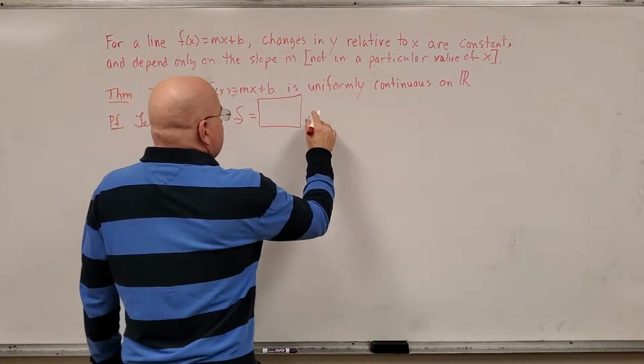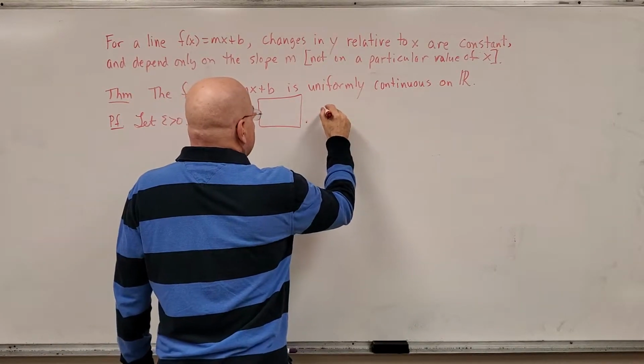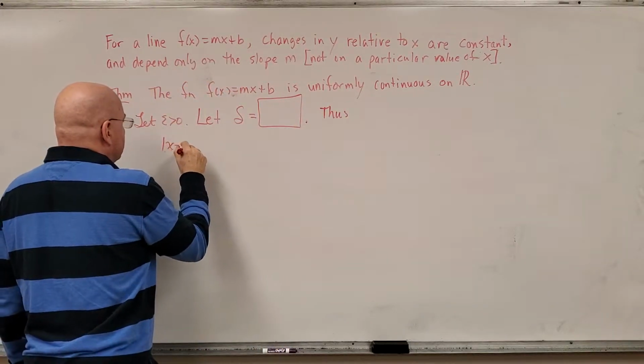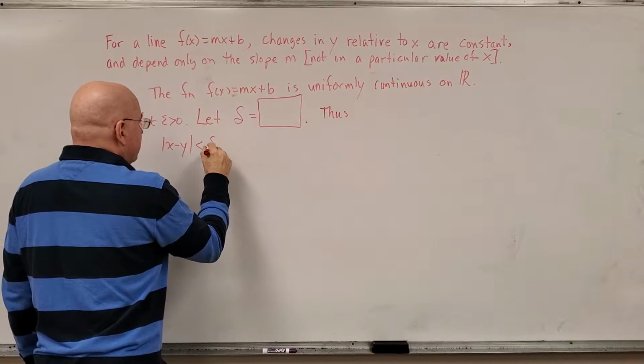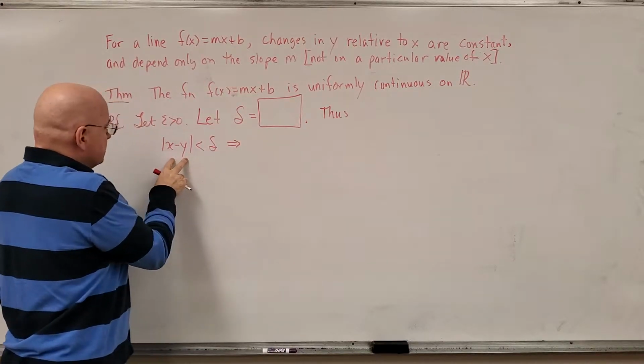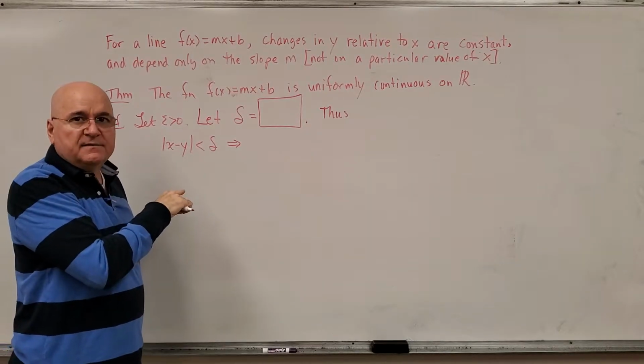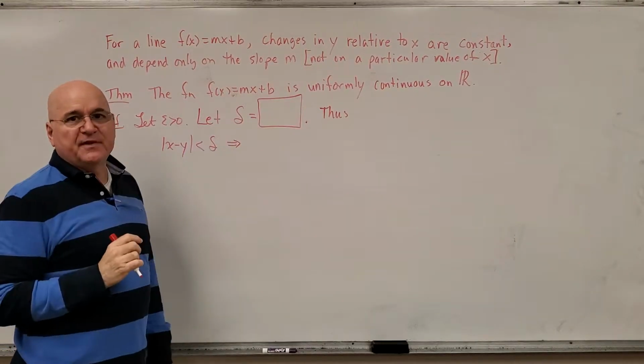All right, so let's just say, thus, and I don't have to say x and y being in the domain in this case, because the domain is all real numbers.